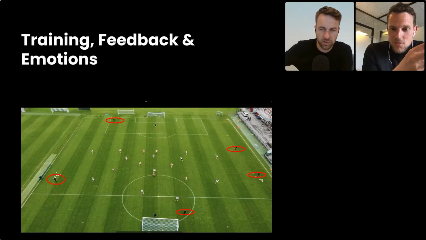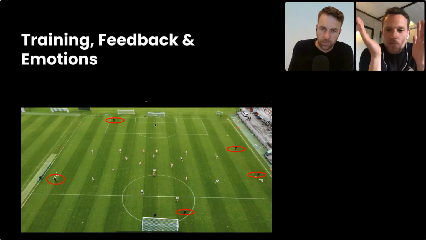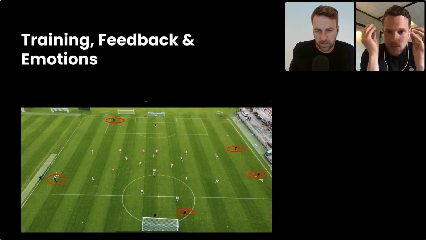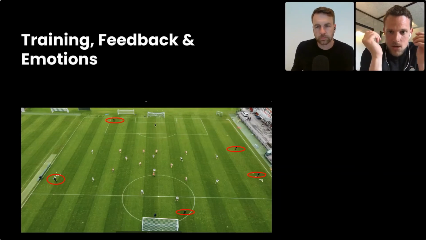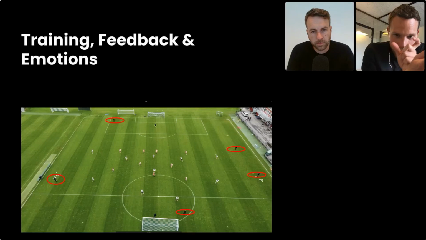Because you break the neural pathways. You make it go from being a subconscious to a conscious thing. So suddenly the players are thinking about it, and with players at elite level, you should ask yourself if it's important. If for instance, the non-kicking leg is this much from the ball or this much from the ball, does it matter if the output is right?